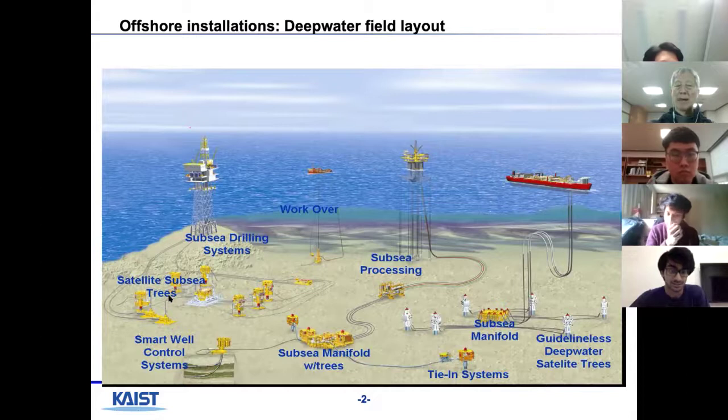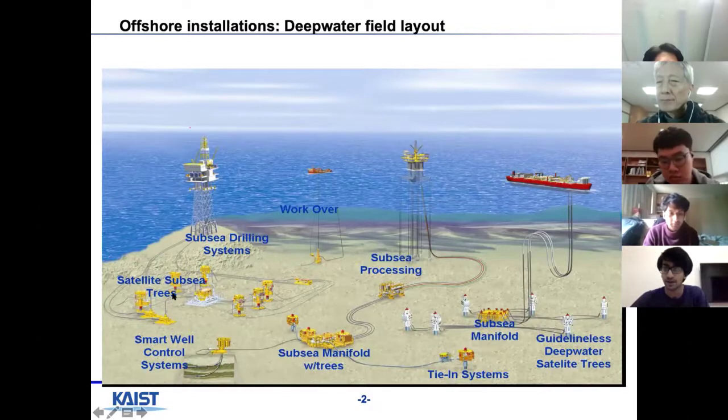So what are these units like satellite subsea trees? Basically, you can see this is the main drilling system over here, but there are also small units, small drilling units like these at the seabed level, and they are mobile and really small. So they are used to extract hydrocarbons from the outer fringes of the field, and they can extract different kinds of hydrocarbons.